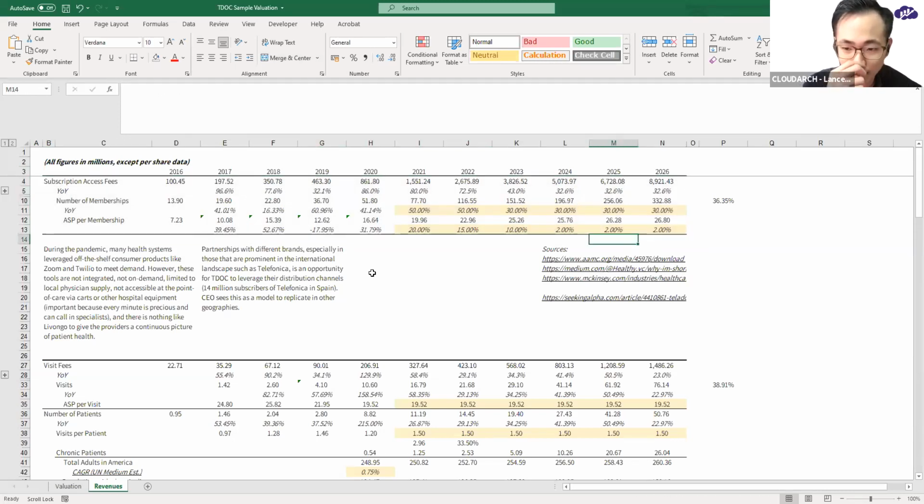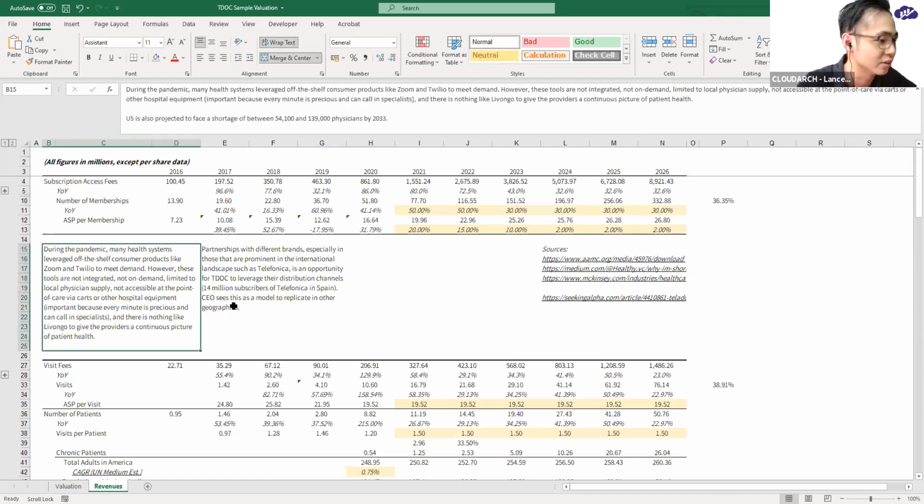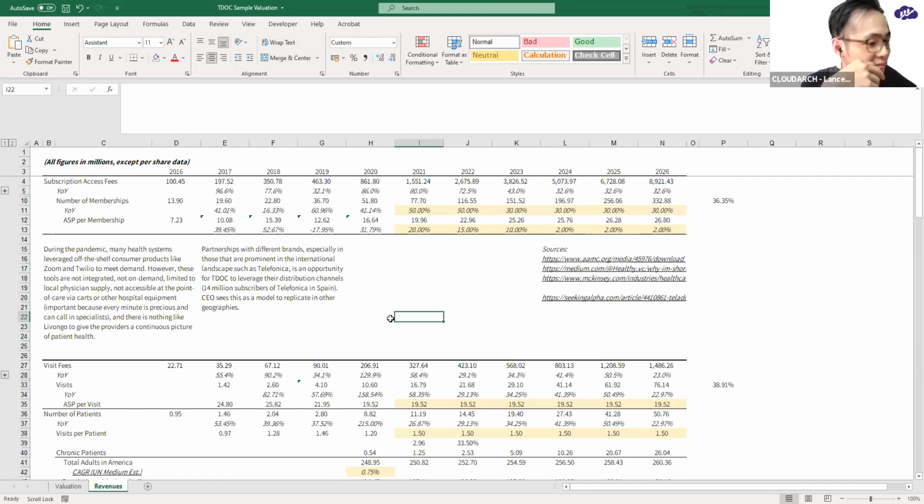So I guess before I get into this, for those who aren't familiar with Teladoc, Teladoc is a telehealth platform, and they offer a wide array of solutions for medically correct treatments, right? So from chronic care to mental health to even your day-to-day illnesses, they offer medical oversight and monitoring.